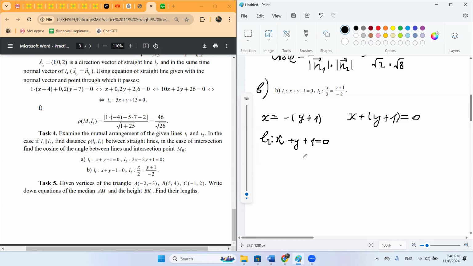So, general equation. And what do we have? So a1 by a2, obviously it's 1. b1 by b2 equals 1 as well. And c1 by c2 equals minus 1. So it means that these lines are parallel, they don't match.